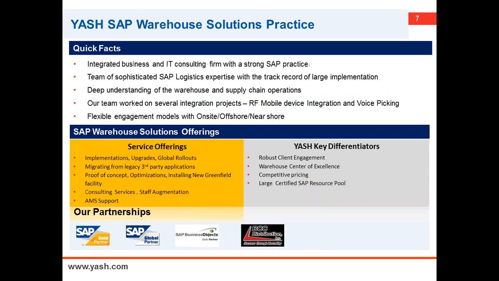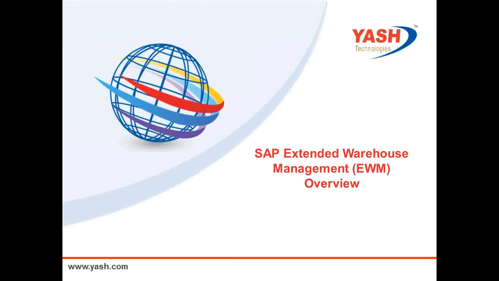But let me quickly get into the EWM overview, just an overview of the product itself for anyone who may not be too familiar with it. It's a separate product from the ECC product, and it's in the supply chain execution platform family, where you'll also find SAP's transportation management and event management.